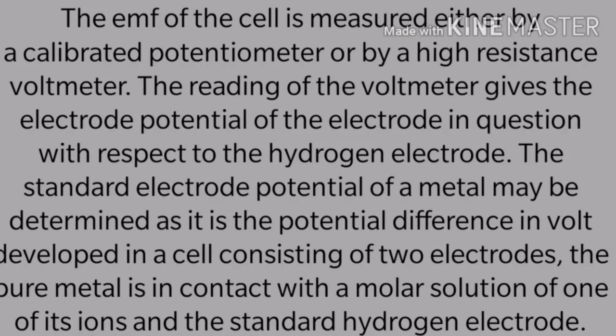So in brief, I am repeating: the electrode potential of an electrode is measured by constituting a voltaic cell. You can take the example of zinc. Zinc is more reactive than hydrogen, so zinc will act as anode and the hydrogen electrode will act as cathode.